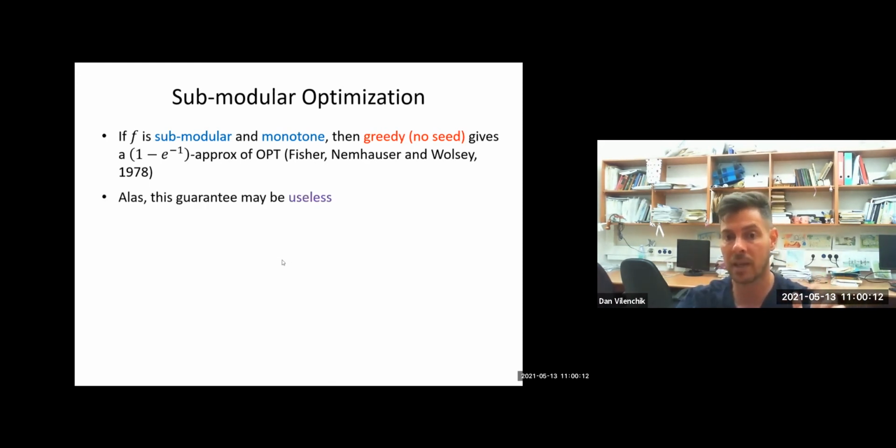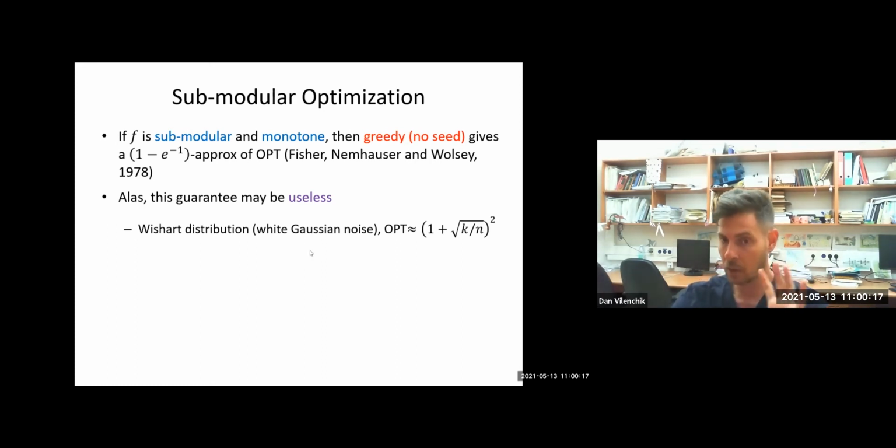But to see why this guarantee is useless and you have to use a seed, again, think of a Wishart distribution. So X is normally distributed with expectation 0 and a covariance matrix the identity. If you take the Wishart distribution and you take a random, or just any, k by k submatrix of that distribution, again, it's a Wishart distribution, and that would be the value of the optimal solution.